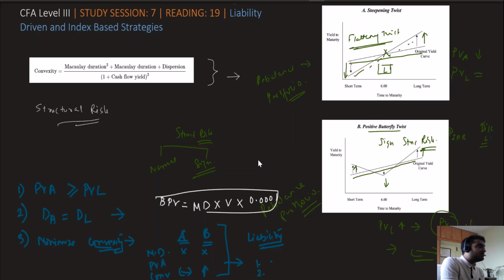Sometimes you might be required to calculate BPV in order to compare the BPVs of the portfolios. You might not be given the Macaulay duration or otherwise, so you need to just remember the basis point value in order to calculate the other quantities if required.